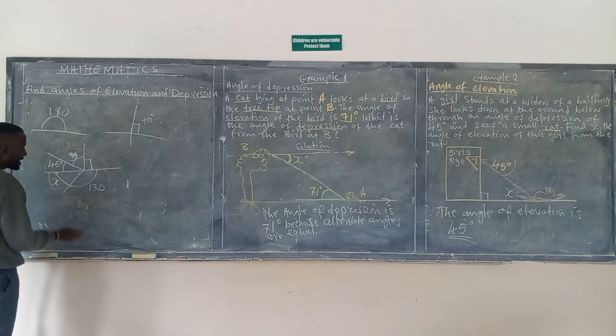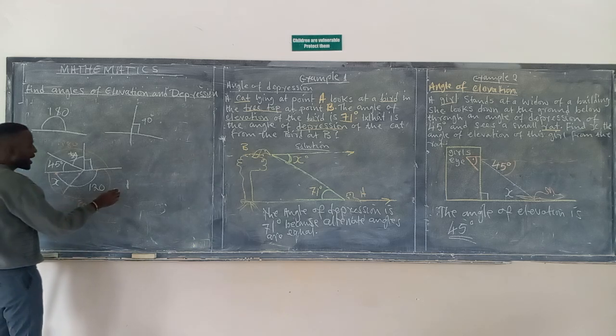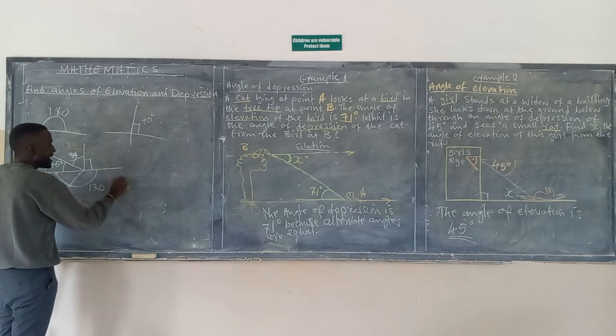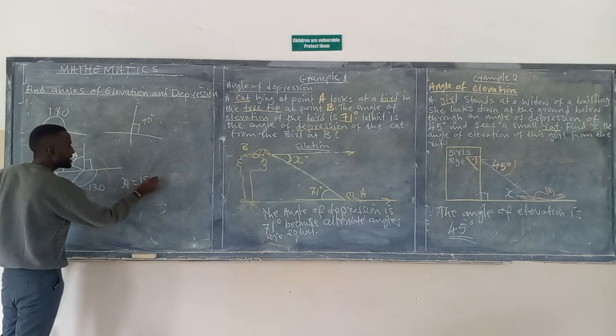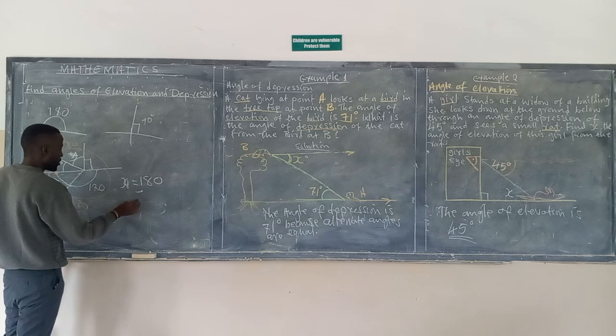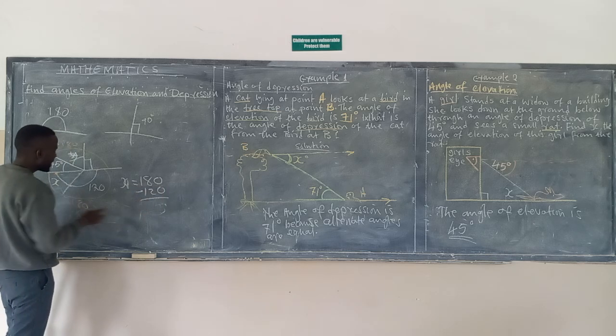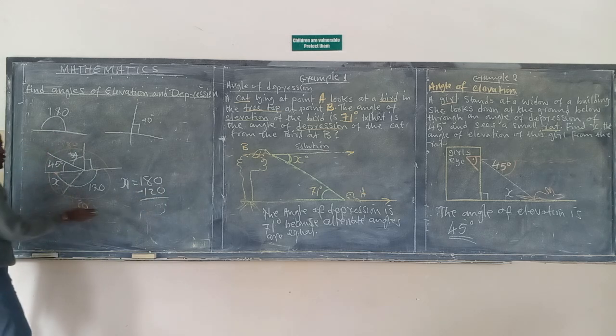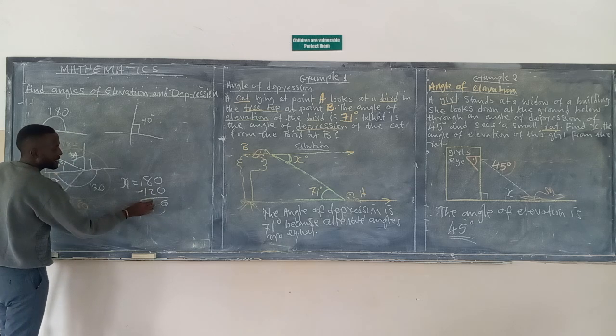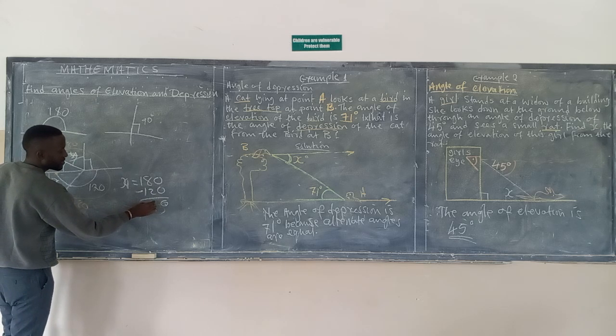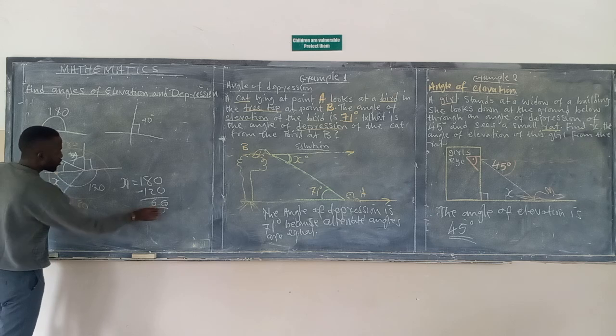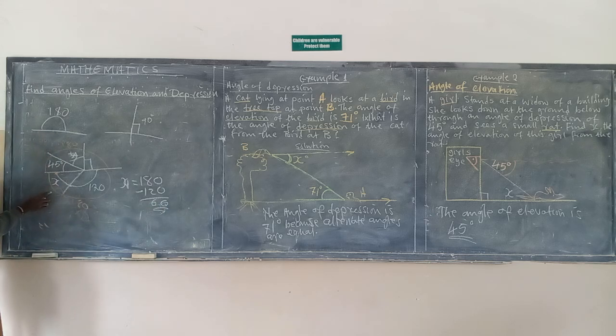So if I want to find the value of x here, all I need to do is subtract: x is equal to 180 minus 120. So the answer is 60. I found my value of x to be 60 degrees.